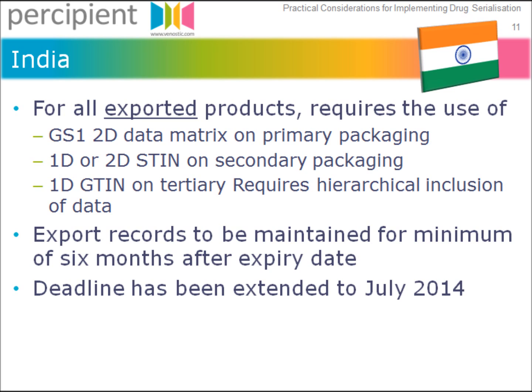The legislation was really brought in for political reasons, and there was no way all of the Indian drug manufacturers could meet the 2013 deadline. So that's been pushed out now to July 2014. At the moment, we have no idea when or if India will require serialisation for products which are sold into that country or manufactured domestically for sale in the country.